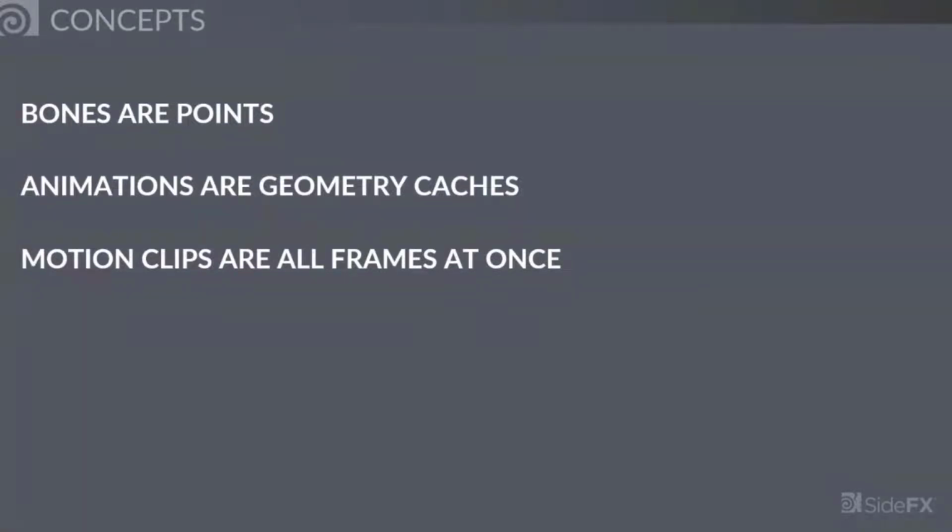Now we're getting into slightly more advanced things, but if you think of a bone as a point, an animation is essentially a point cache or geometry cache. And now we have this other concept called motion clip, which is all of the frames at the same time.